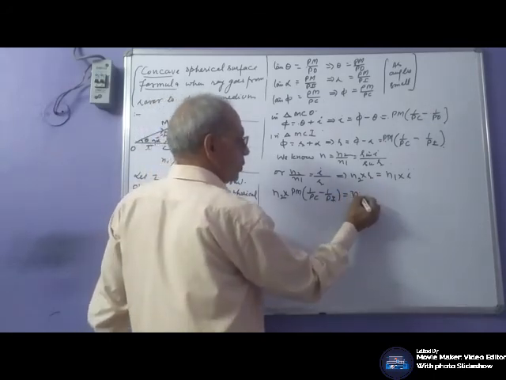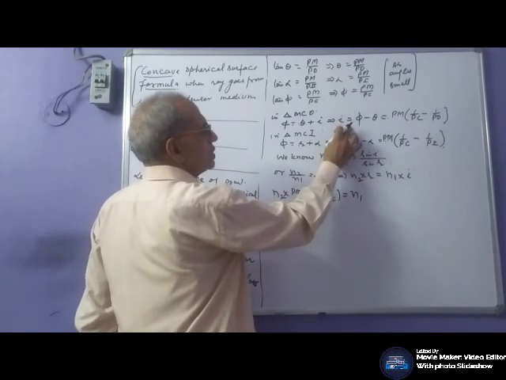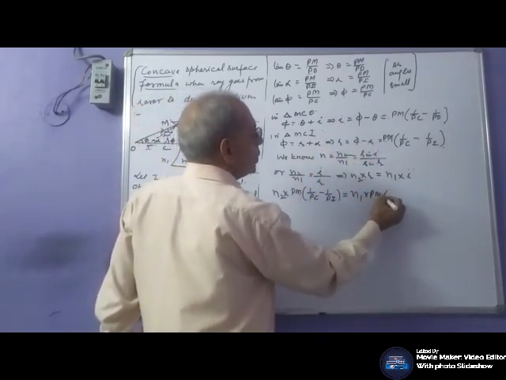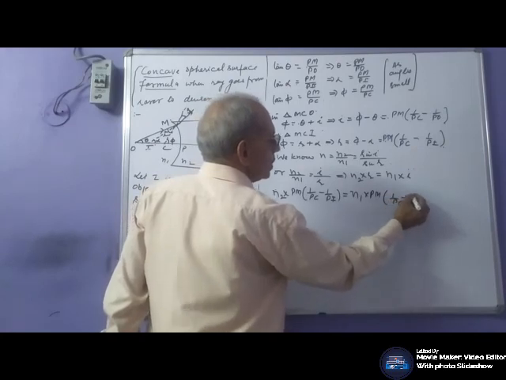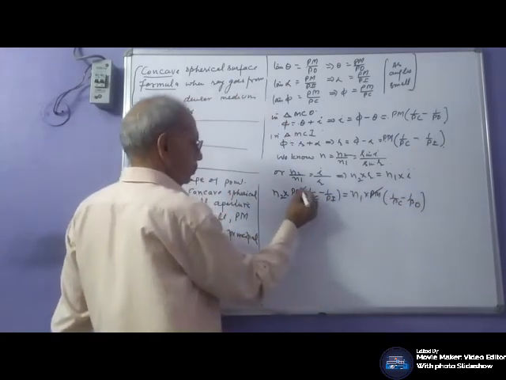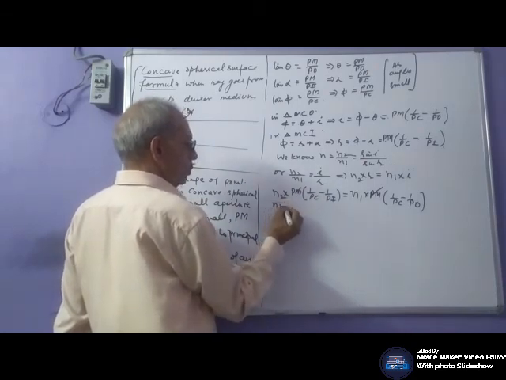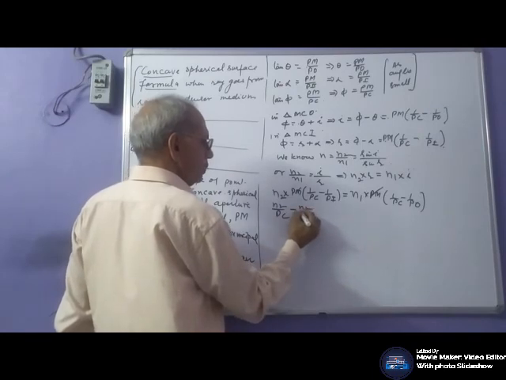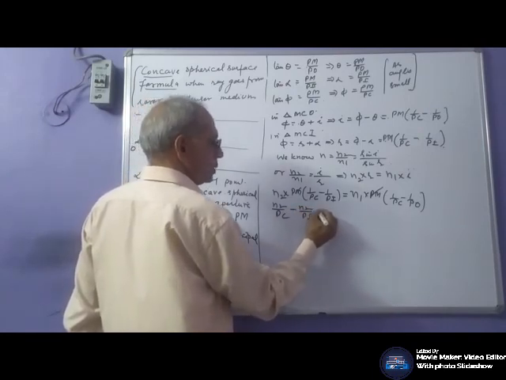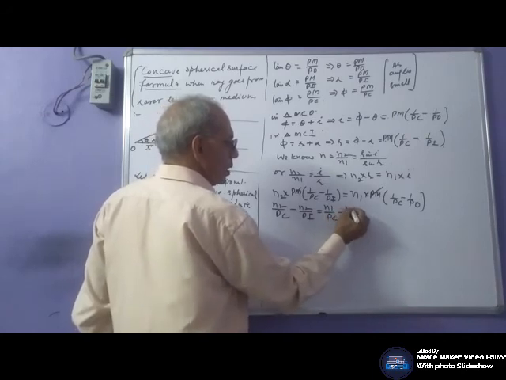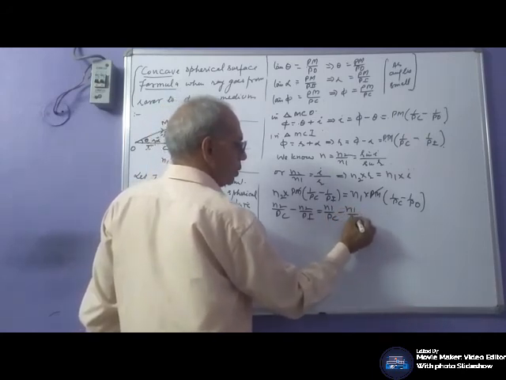N1 I is this, PM, 1 by PC, PO. PM with PM, N2 by PC, N2 by PI, N1 by PC, N1 by PO.